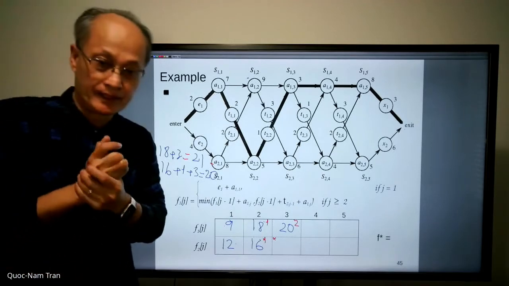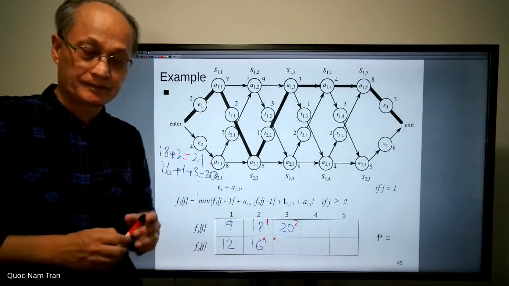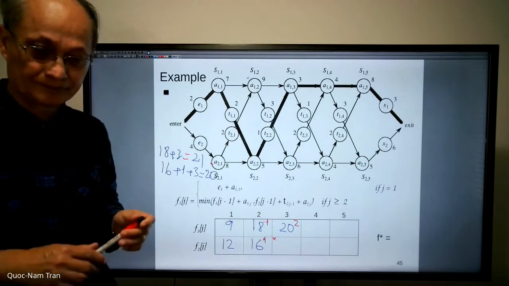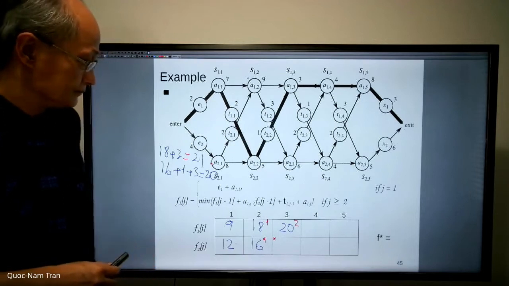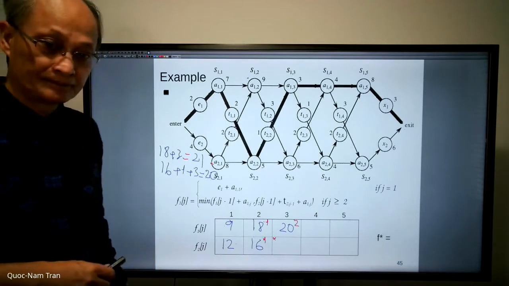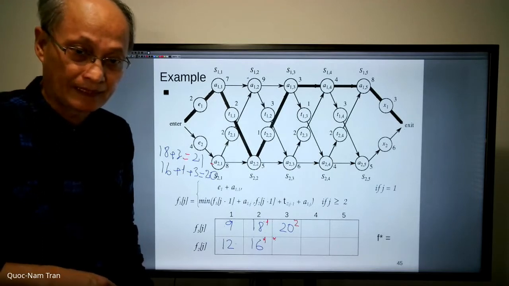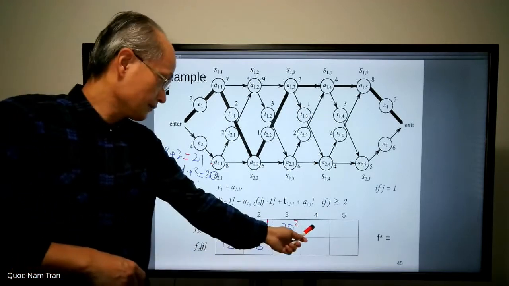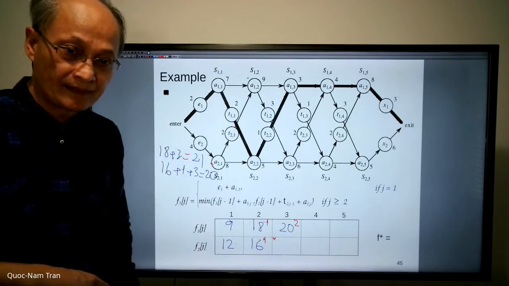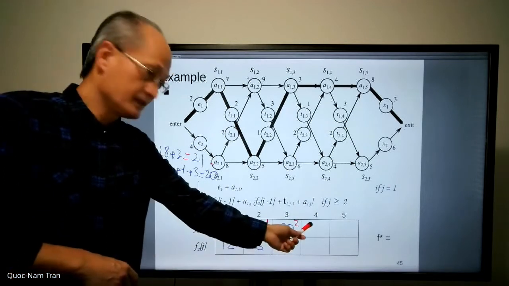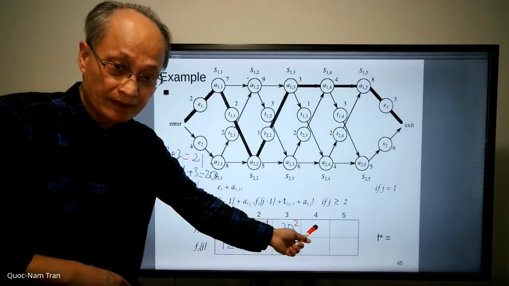Okay, anyone? First, F23, what do you have? You have 22, okay? And what line? Line 2, okay? And then F14, 24, line 1, okay?